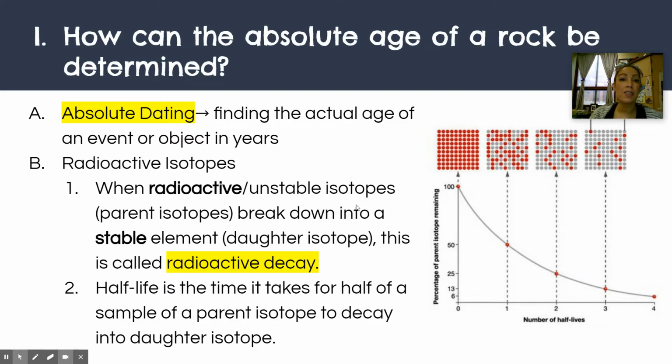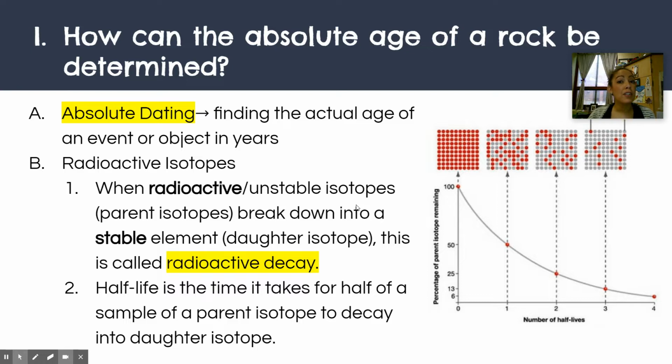So radioactive, unstable, parent isotope. When that radioactive element settles down and becomes the stable version of itself, that's what we call the daughter isotope. So the daughter isotope is the stable version. The process of going from parent to daughter is called decay.